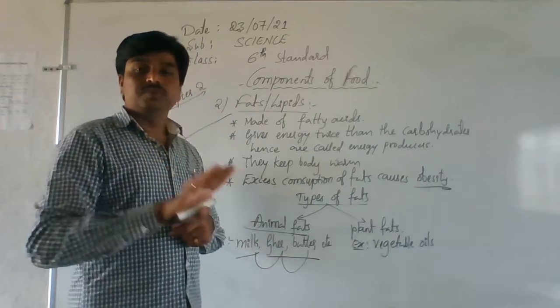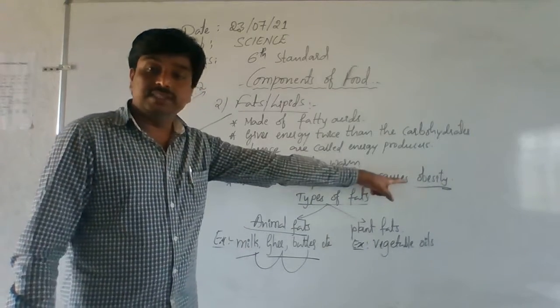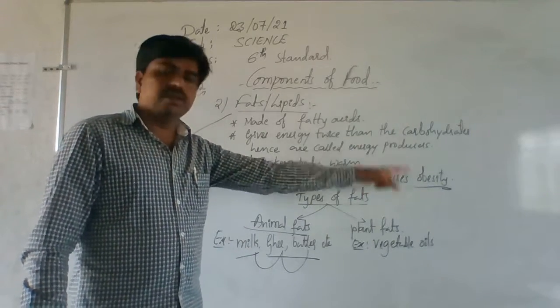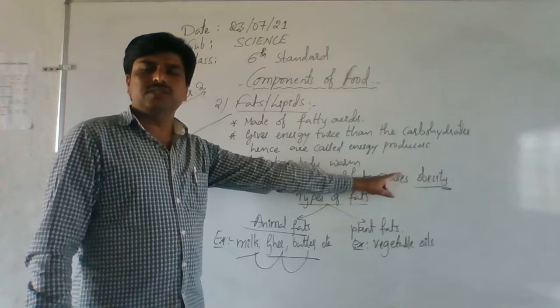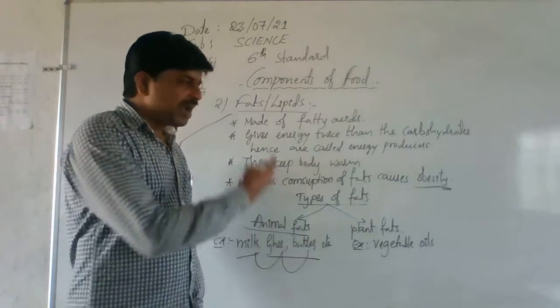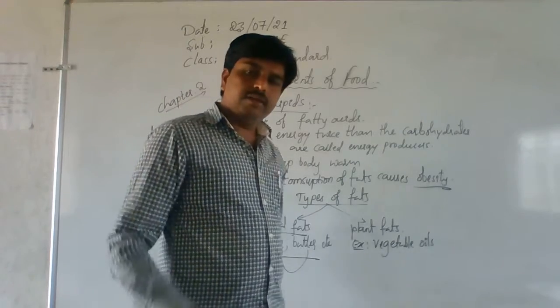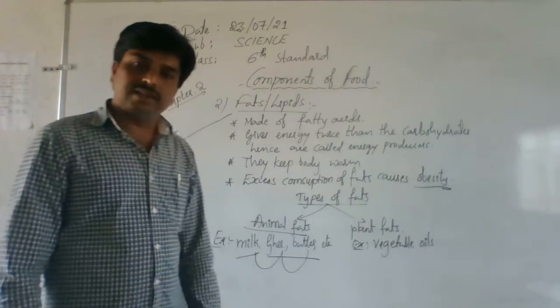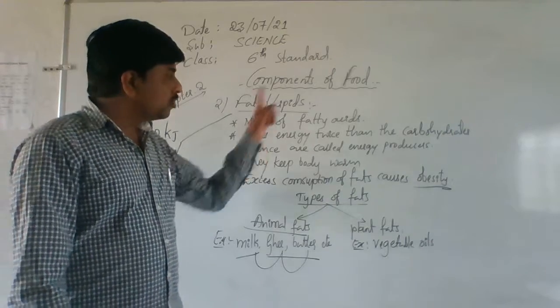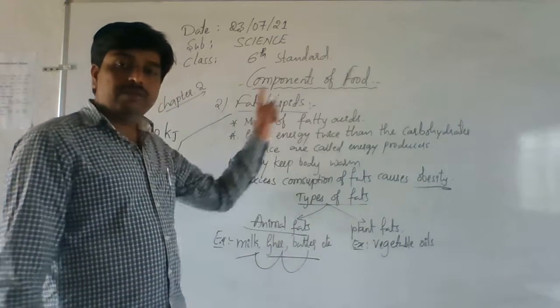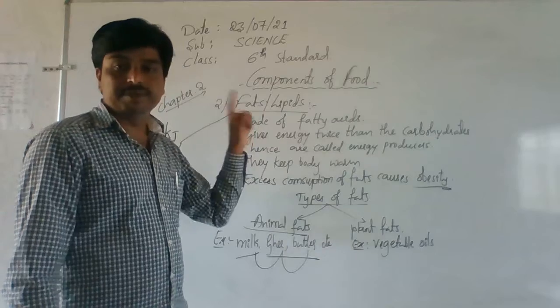What does it cause? Obesity. It's a very bad disease. Understand? It comes by eating an excess amount of fats or lipids. Clear or not? So this is about the second nutrient of food, that is fats or lipids.